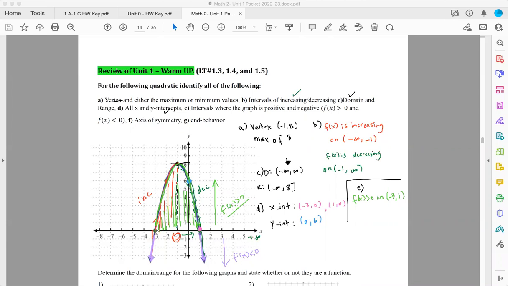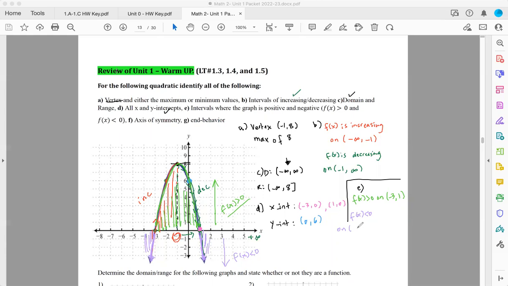So basically I'm saying from -3 or to the left of -3, because I don't want -3. At -3, f of x is 0. And to the right of 1. So how do I say to the left of -3? I would say f of x is negative on, let me just make more space, to the left of -3.